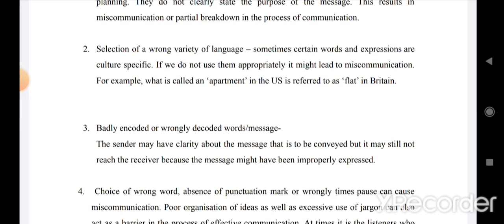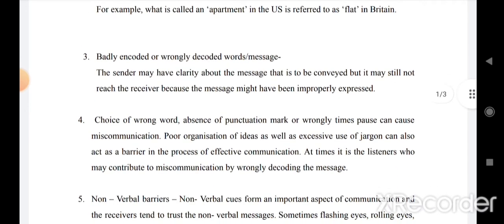The third one is badly encoded or wrongly decoded. It can be words, it can also be the whole message. What do we mean by it? The sender may have clarity about the message that is to be conveyed, but it may still not reach the receiver because the message might have been improperly expressed.